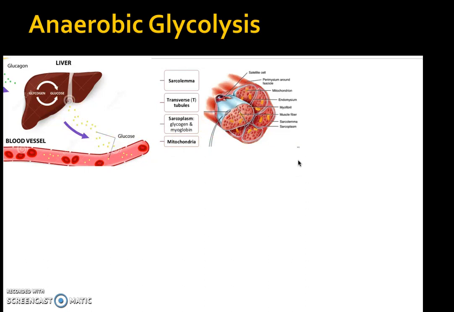So the breakdown of the glucose in the absence of oxygen is what we've got, and this is now called anaerobic glycolysis. And obviously we would remember that from our GCSE that anaerobic is without air. So what happens then is we have pyruvic acid formed.